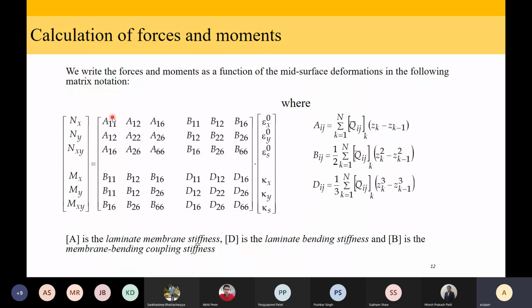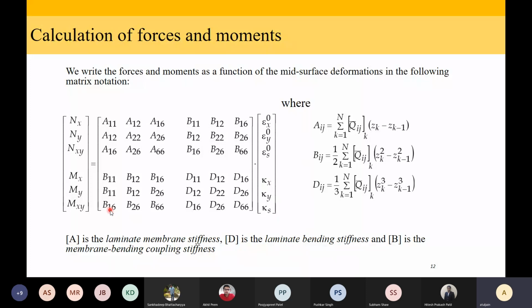The A matrix gives us the relationship between resultant forces or traction Nx, Ny, Nxy with the in-plane deformation. A is sometimes known as the laminate membrane stiffness. D gives us the relationship between resultant moments and the curvature, so this is the laminate bending stiffness.